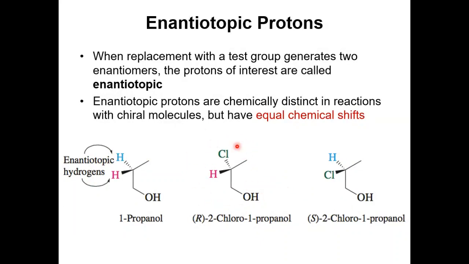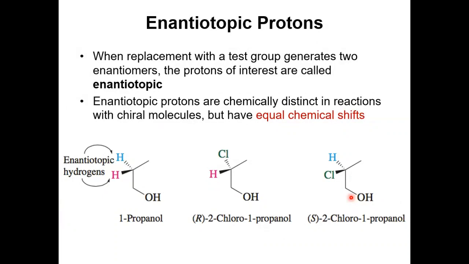We get one compound. Next, we use chlorine to replace the red hydrogen. We get another compound, and these two compounds are a pair of stereoisomers. They are enantiomers. So technically, they are different compounds.